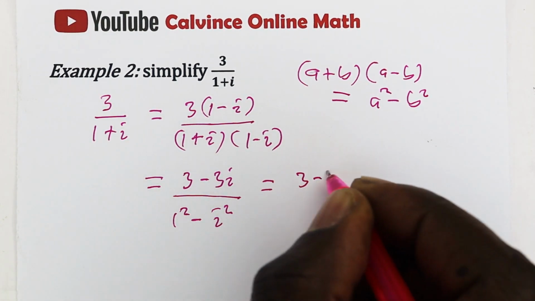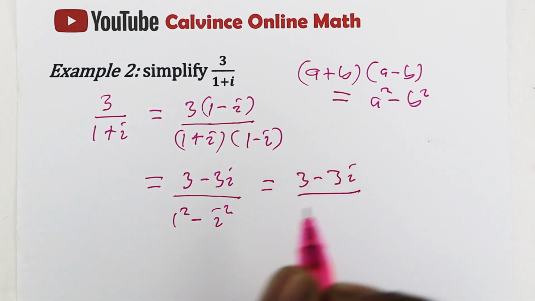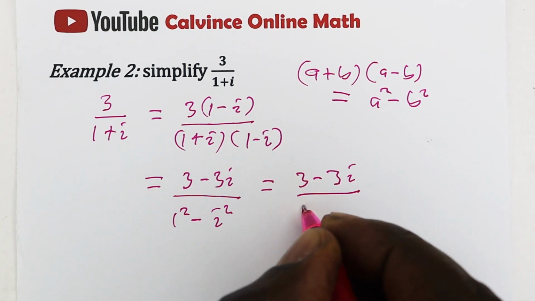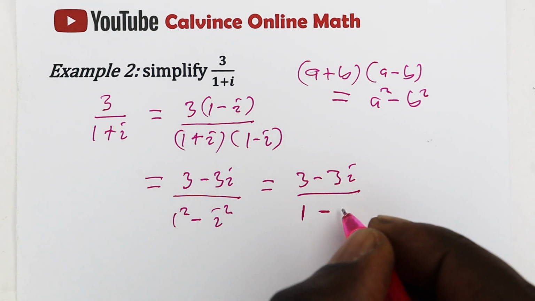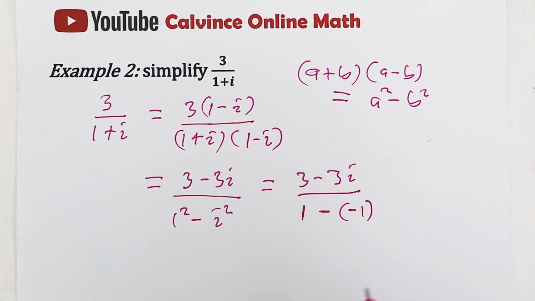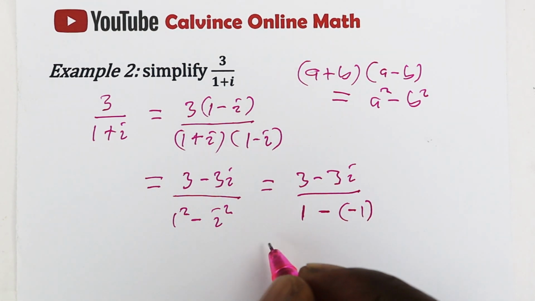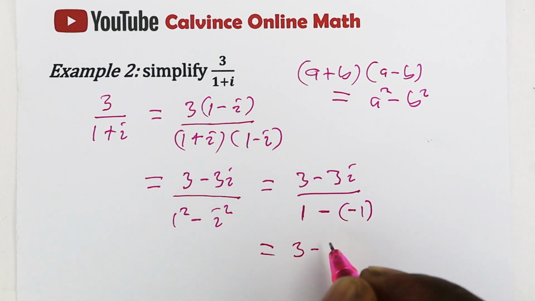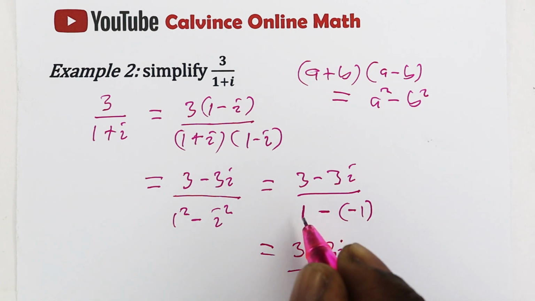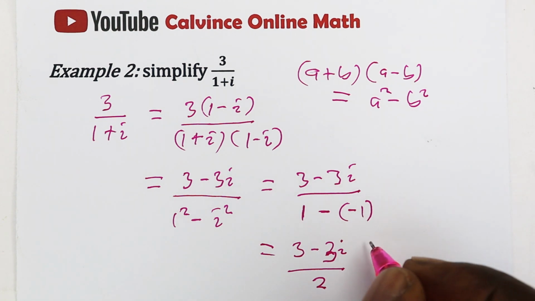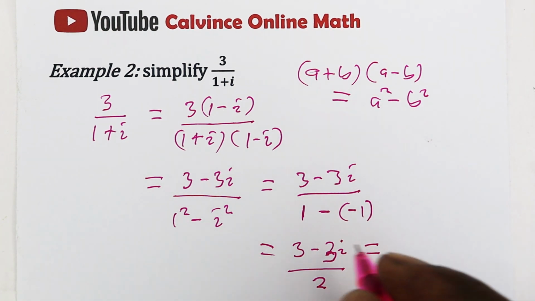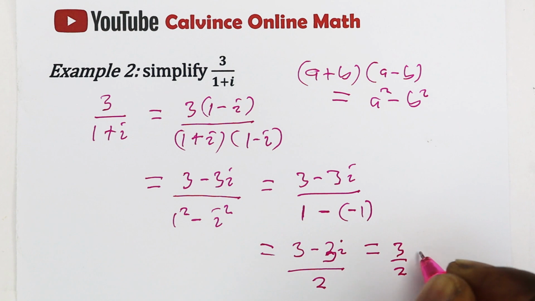So we have 3 minus 3i over 1 squared, which is just 1, minus i squared, and i squared is the same as minus 1. So it means what we have here is 3 minus 3i over 1 minus minus 1, which is just 2.